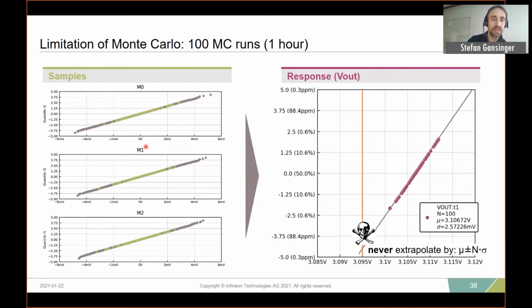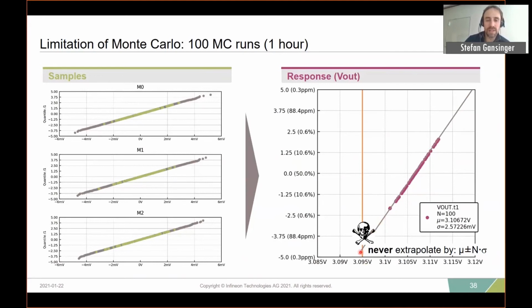If we simulate this, by the way, this takes 1 hour because we have 100 runs, we get this output response. On the first look, this looks quite nice. So we have a straight line, and by seeing this, I would say nothing to worry. Already here be warned, what sometimes happens is that this simulation result is extrapolated. By fitting a straight line, it could be theoretically estimated what is the value of the output for up to, I don't know, 5 sigma.